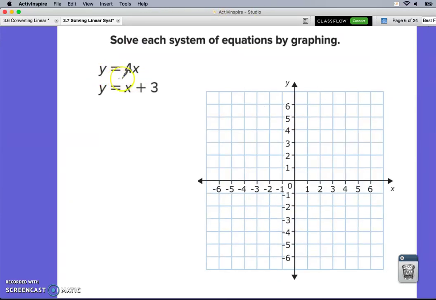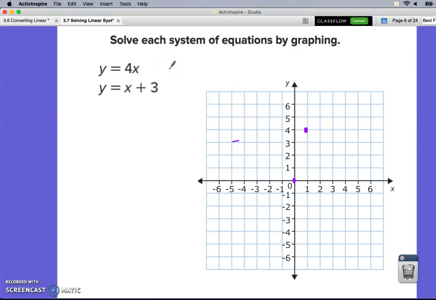Okay, solve this equation. Here, if you remember, if it is in y equals mx form, that is going to be starting at the origin. So I go from the origin, I have a point, and I go up 4 and over 1.